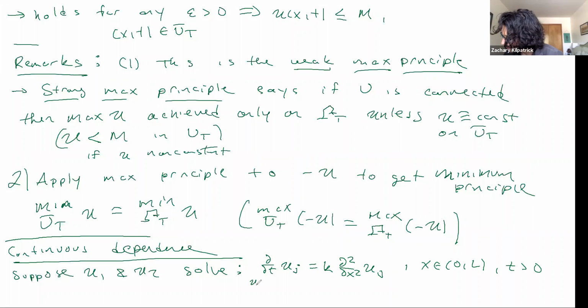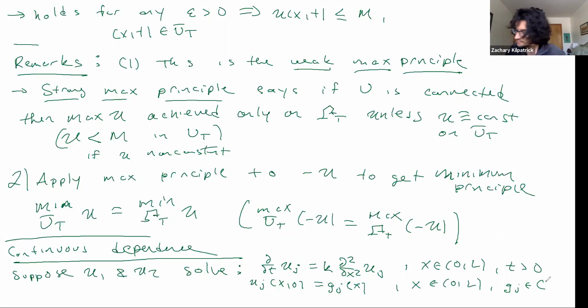We'll say that u_j(x,0) is equal to some function g_j(x) on x in (0, L), and we'll say g_j is at least continuous.